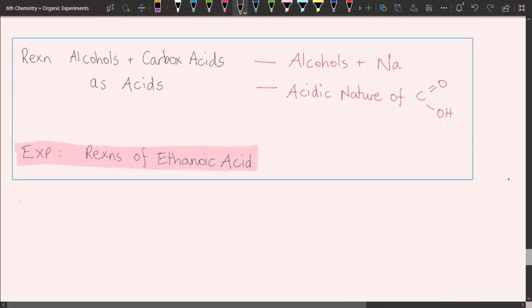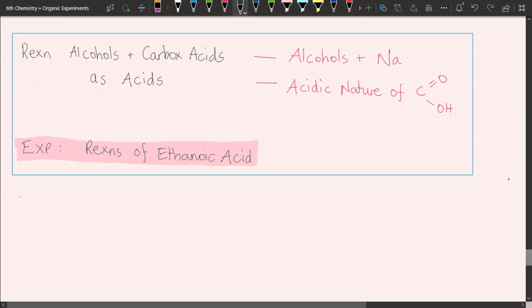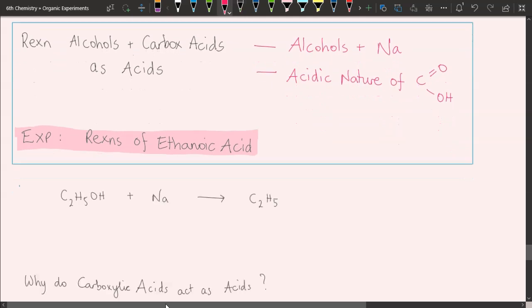Moving on, now we've got the reactions of alcohols and carboxylic acids as acids. The first thing to look at is the reaction of an alcohol with sodium. What we've got here is C2H5OH, so that's ethanol. When that reacts with sodium, the hydrogen here leaves.